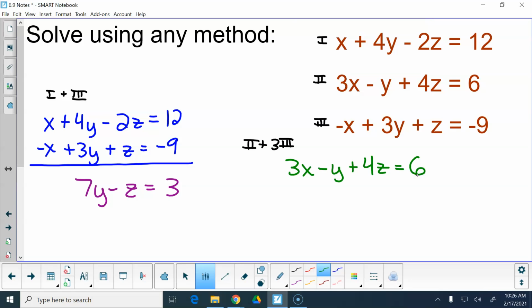And 3 times that one would be negative 3x plus 9y plus 3z equals negative 27.